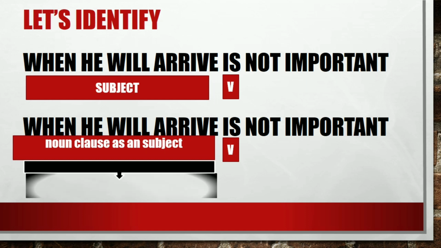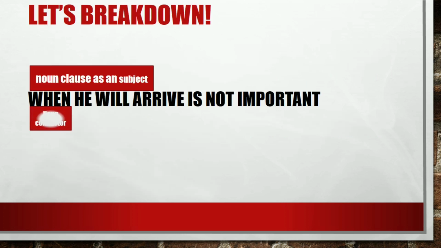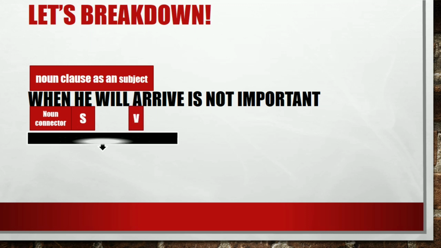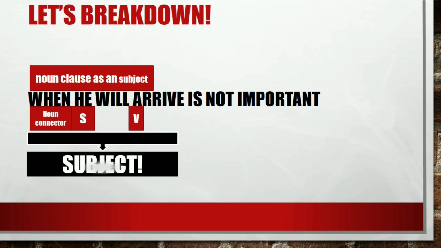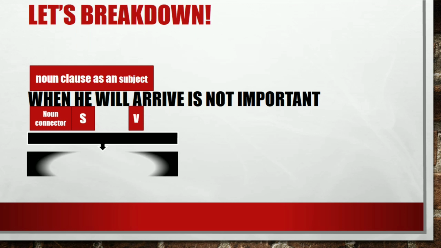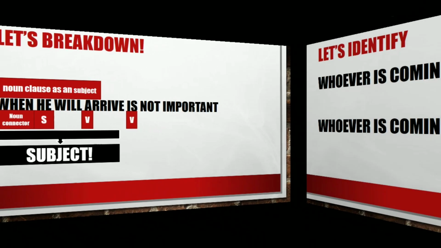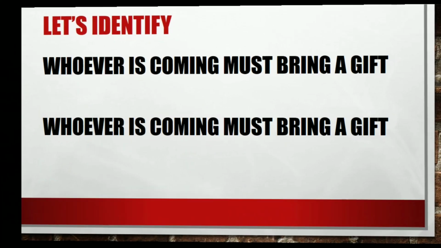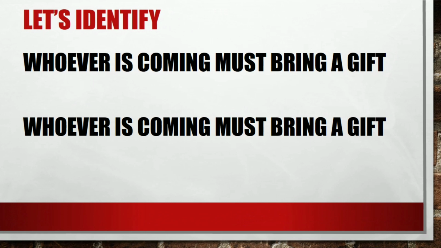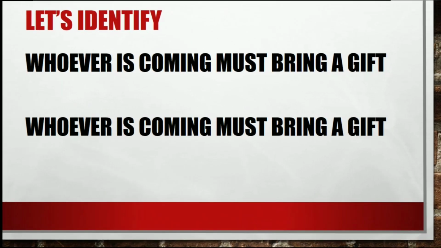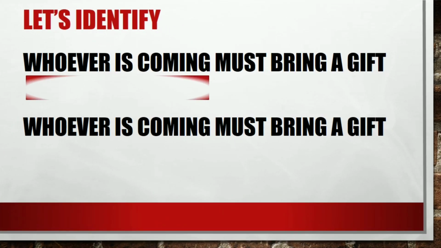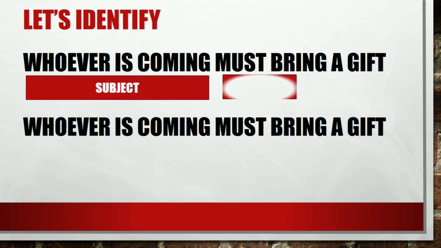So if we find a sentence that begins with a noun connector, entah itu when, what, atau yang lainnya, please analyze it more. It is possibly a noun clause as a subject. Do you get it? Hopefully you understand. Second, whoever is coming must bring a gift. Let's do the same. What is the subject? Whoever is coming is the subject.